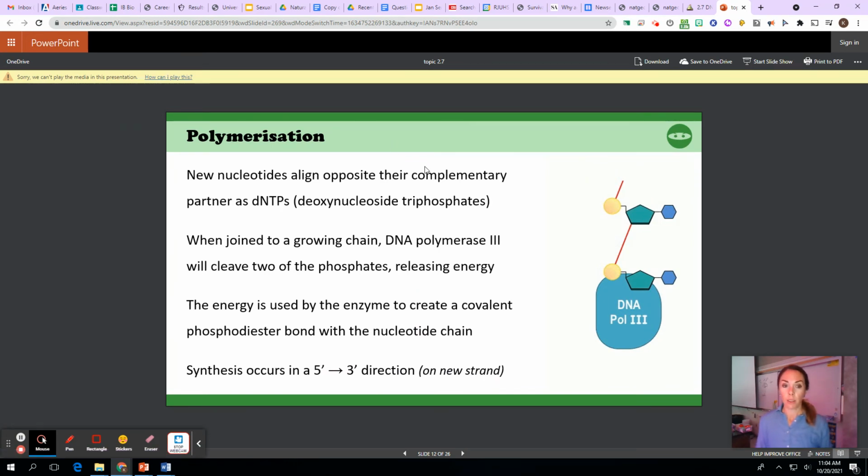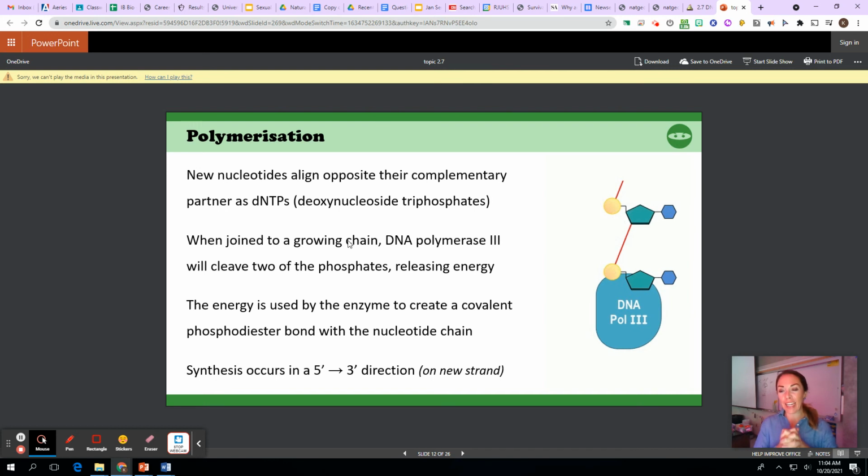That whole process is called polymerization. That's when the nucleotides align to the complementary bases and are joined to a growing chain, and then the polymerase cleaves the two phosphates and releases the energy. That energy is used by the enzyme to create a covalent bond with the nucleotide chain. Wow, that was a lot of fun words, right?